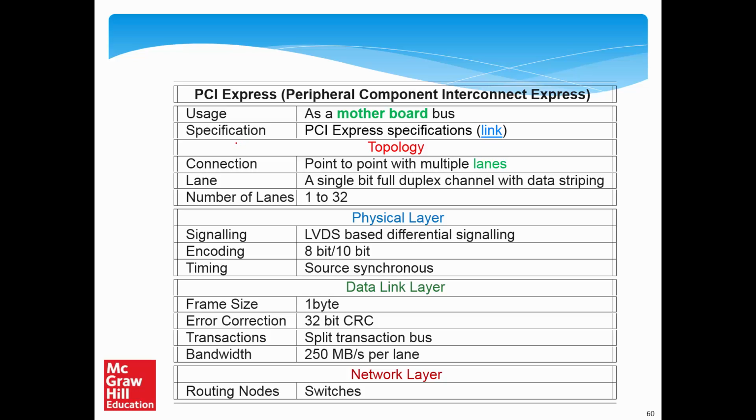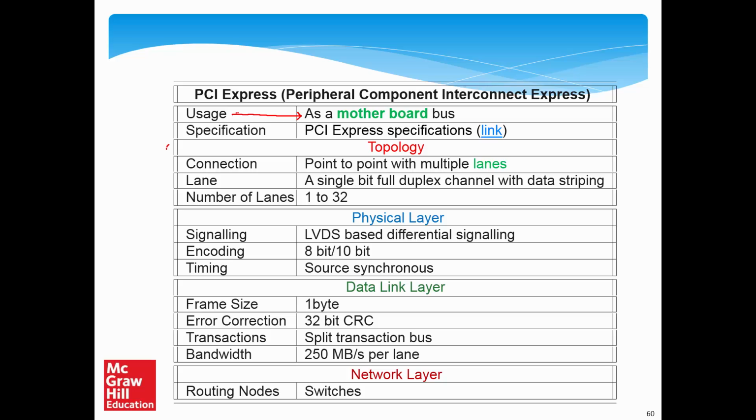Not for others. So buses on the motherboards are very high bandwidth. That is a usage, a peripheral component interconnect. It's an express bus. Express means fast. So on the PowerPoint presentation, if users click this link, they can go to the standard of the PCI Express bus.